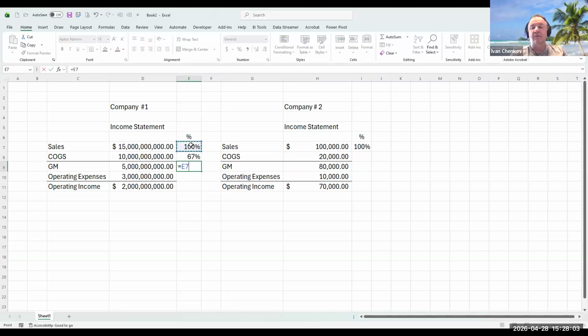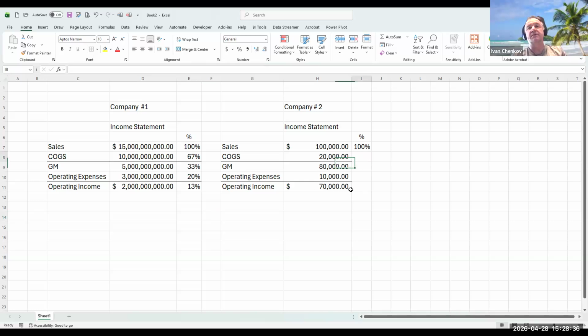Then operating expenses as a percentage of sales are going to be 20%. And then operating income as a percentage of sales is, in this case, 30%, which makes sense.